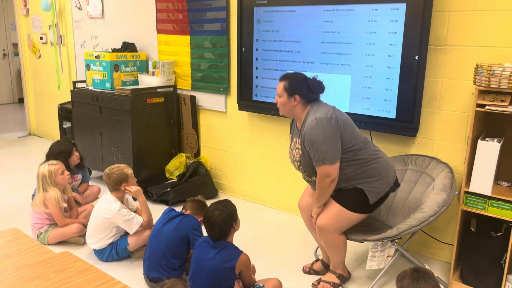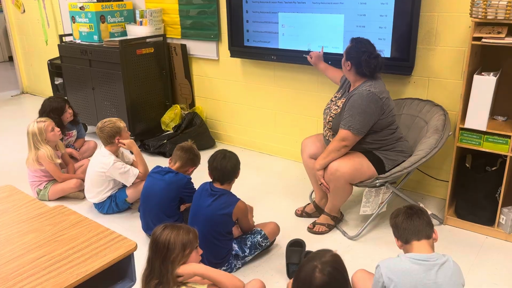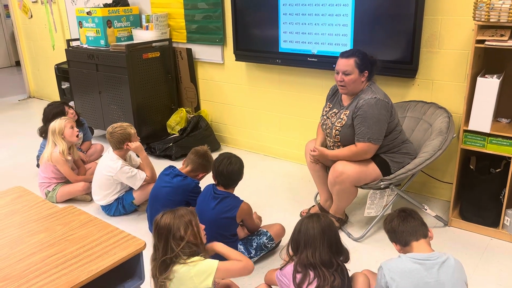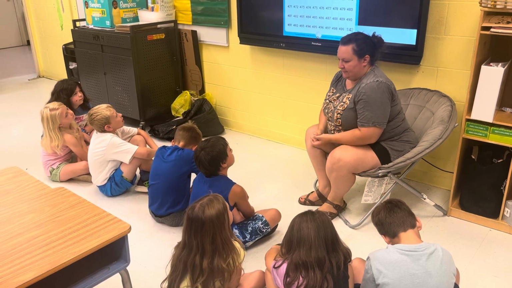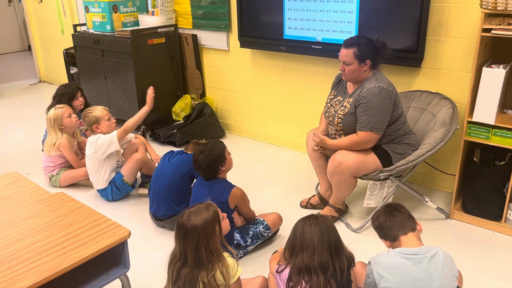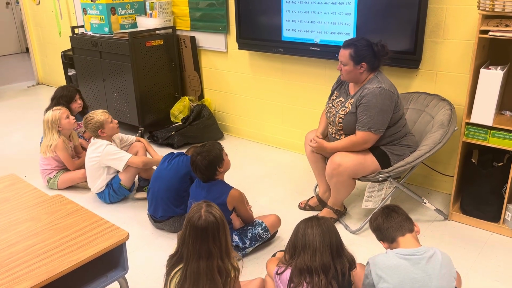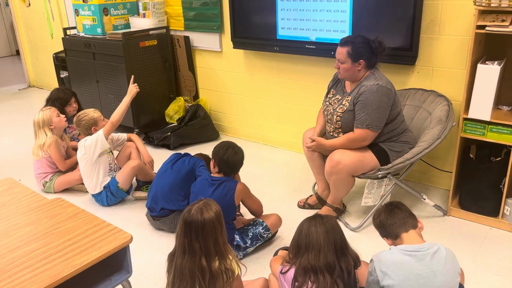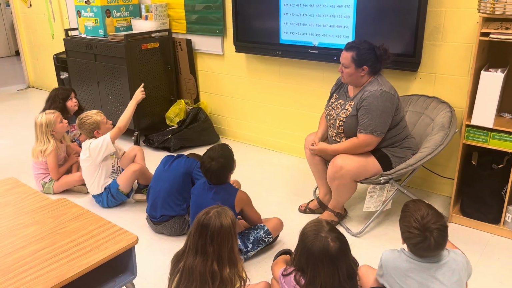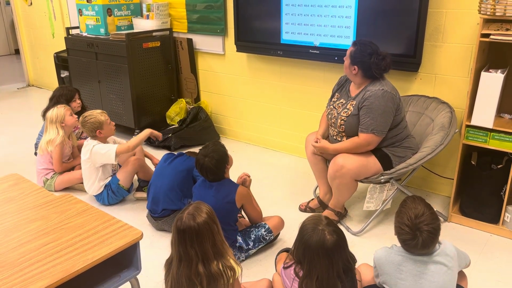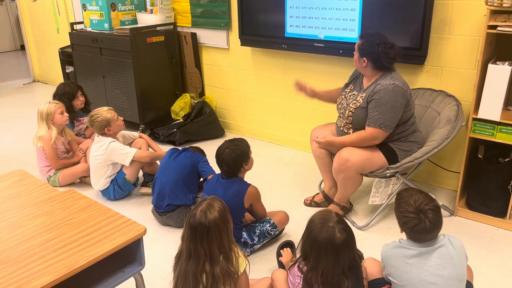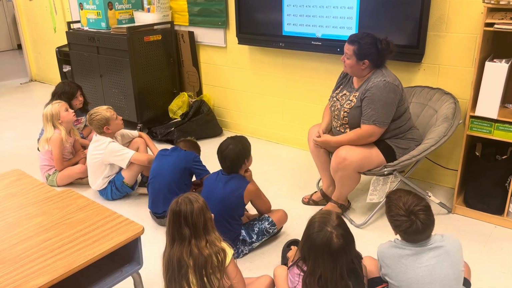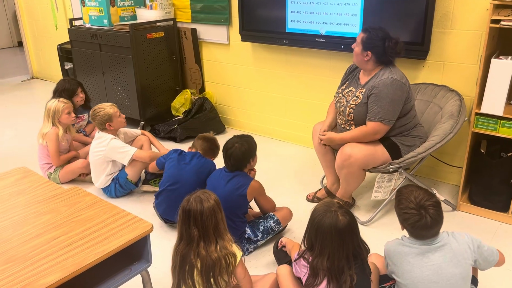What do we know about the difference between the tens place and the hundreds place? When you look at a number chart, they all have the 1, 1, 1, 1, 1, 1 down, the 2, 2, 2, 2, 2 down. So the ones place is staying the same like it does in the hundreds chart, right?